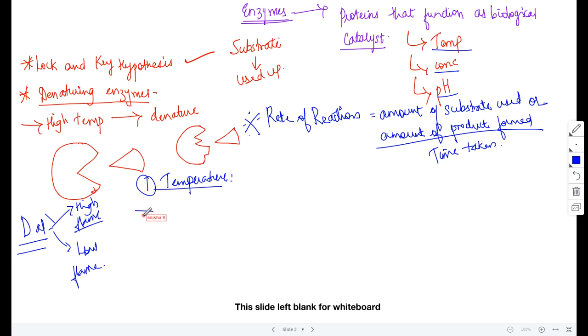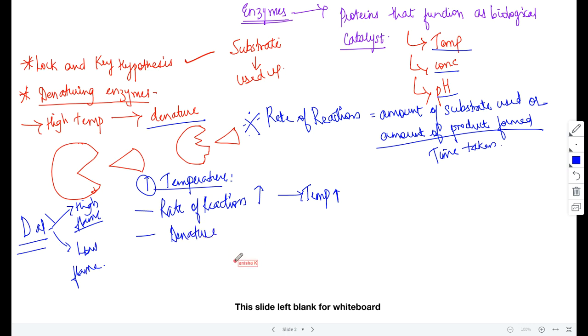When I'm going to increase my temperature, my rate of reaction is also increasing. And what did we see? When it is increased to a very high level, ultimately it is going to denature, right?